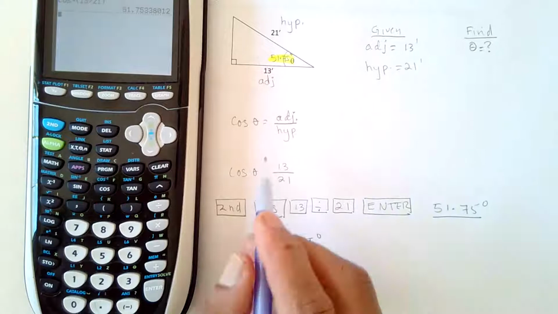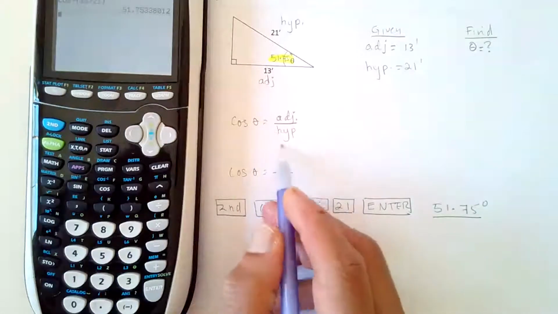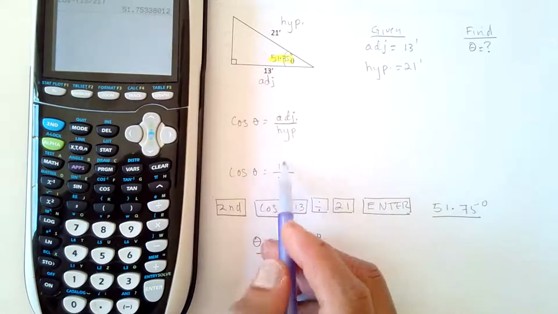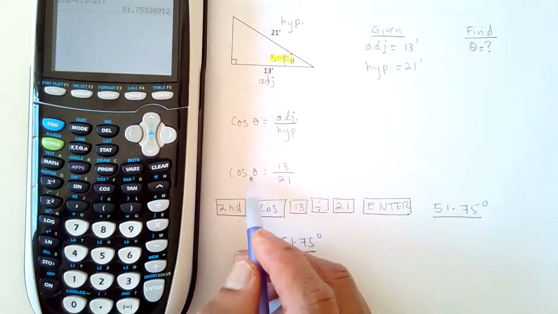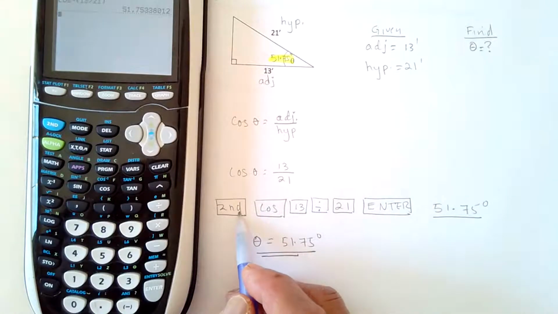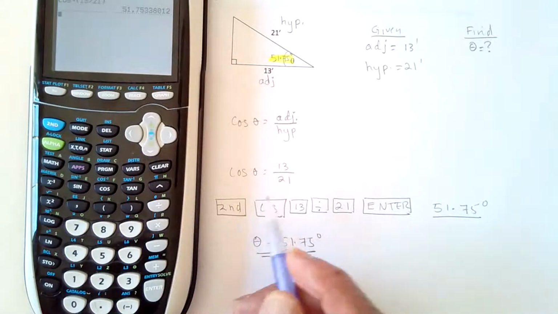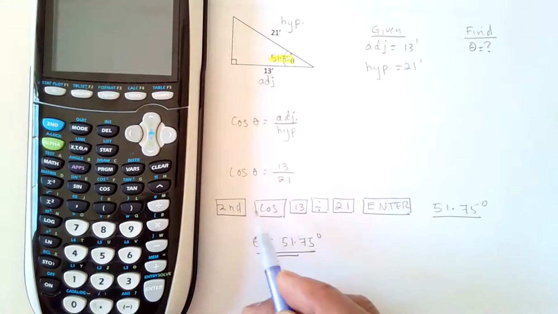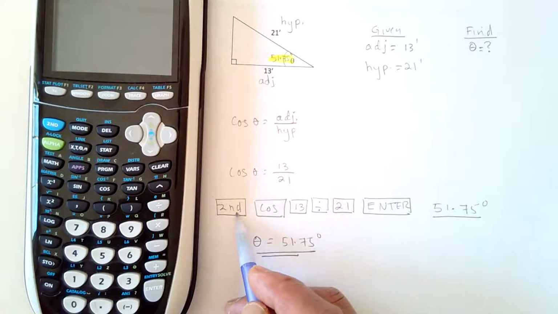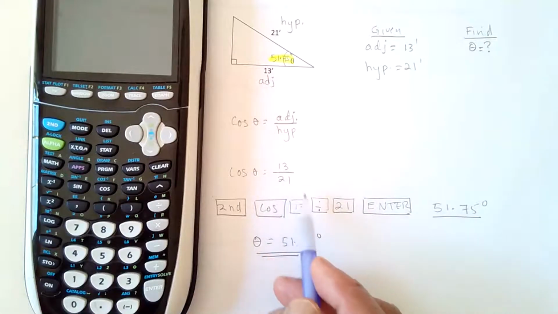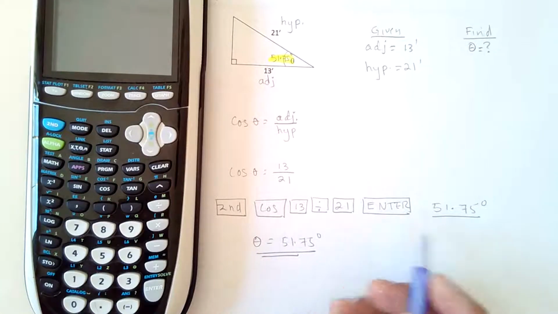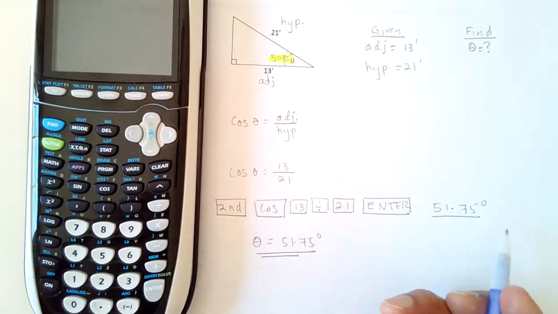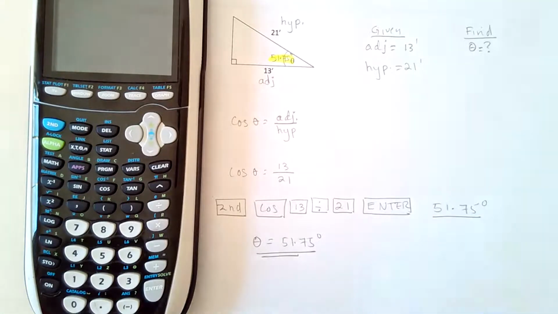Once I have that in place, I substitute what's given into my trig ratio, and then go to my calculator. Now you have to press your shift button or your second button, and then your trig ratio. In this case, I press second cos 13 divided by 21, enter, gives me an angle of 51.75 degrees.